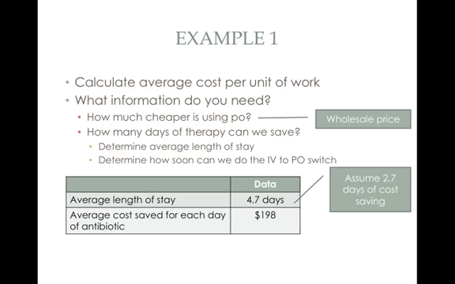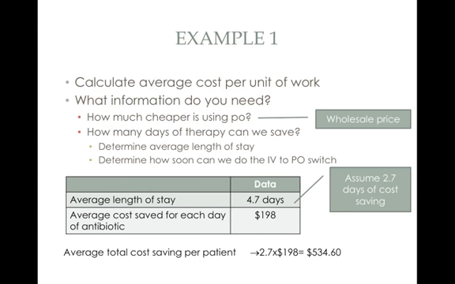So let's say 2 days without the change, meaning we could change from IV to PO for 2.7 days of their hospital stay. The average cost saved for each antibiotic is $198 per day, which means for every patient we switch, we would save an average of 534 Hong Kong dollars, assuming the service was run 7 days per week and the patients were switched as soon as possible.